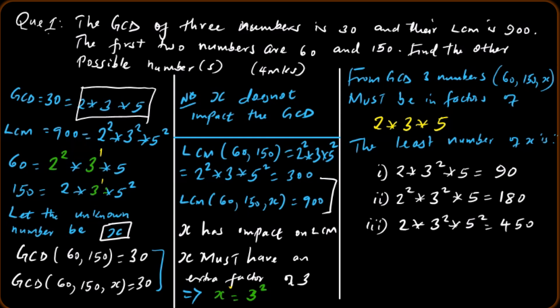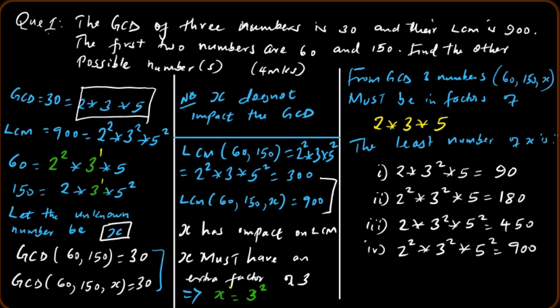And the last one here is to have all the 3 factors to have their highest powers. Therefore, this one will be 2 power 2 times 3 power 2 times 5 power 2 here. Therefore, this one is 900.